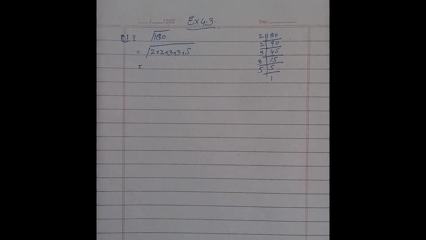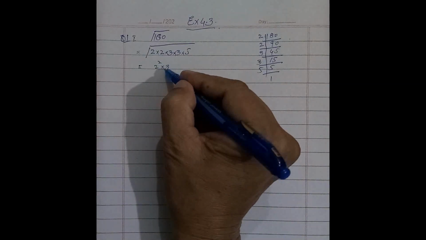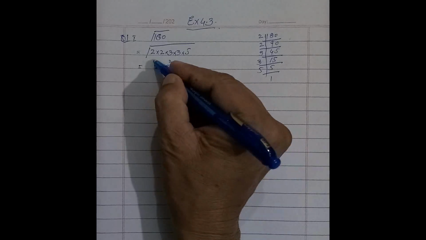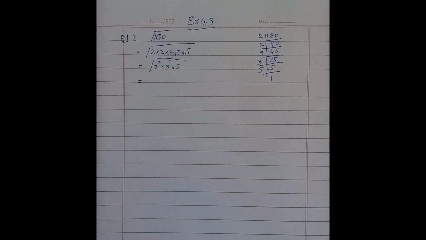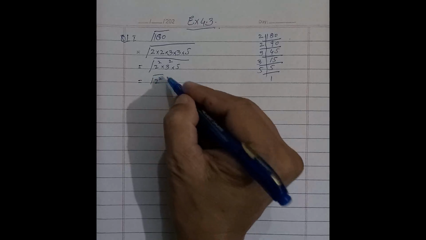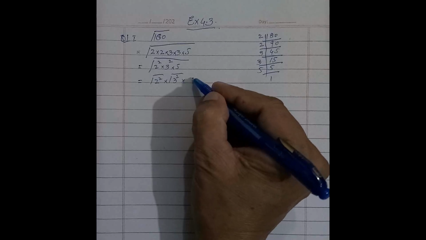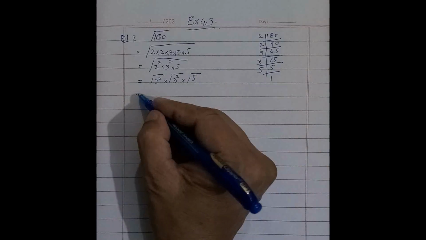Because it is a square root, we take squares of the values. It is 2 squared, multiplied by 3 squared, multiplied by 5, under the square root, and we take the square root of individual values: square root of 2 squared, square root of 3 squared, and square root of 5.